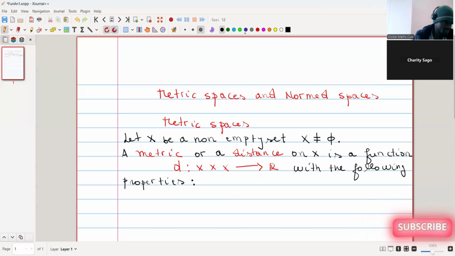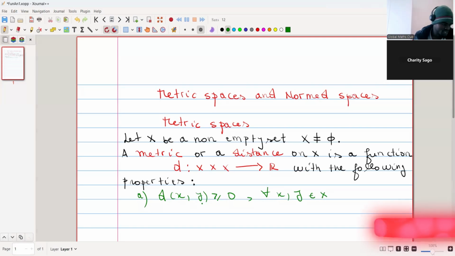What is the first property of a distance? The first is that you have to ensure that the distance is always positive. So it means that for all x and y that you take in X, the distance between x and y is always positive. And that is what we call the non-negativity.